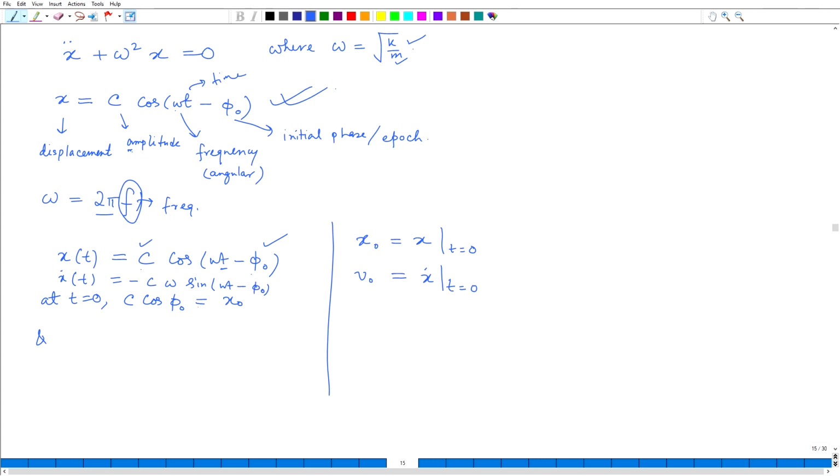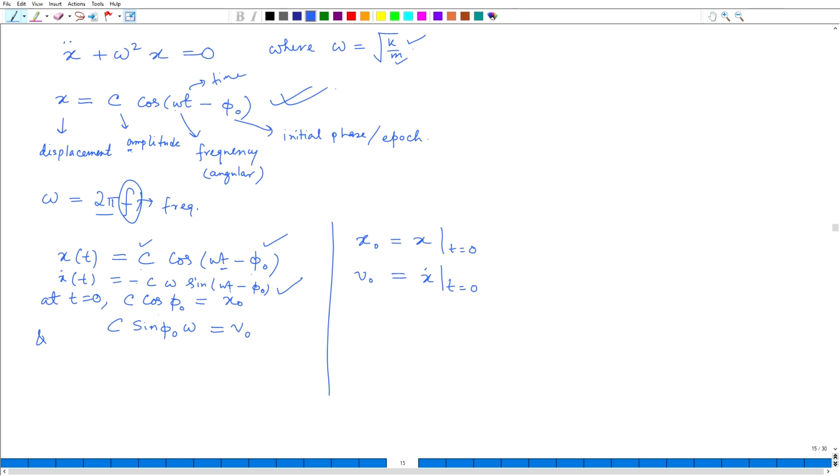So c cos phi 0 is equal to x 0, and c sin phi 0 comes when I evaluate this at t equal to 0: you will have sin of minus phi 0, which is minus sin phi 0, and with the minus sign here it gives simply c sin phi 0 times omega, which is your x dot at t equal to 0, and this is equal to v 0.